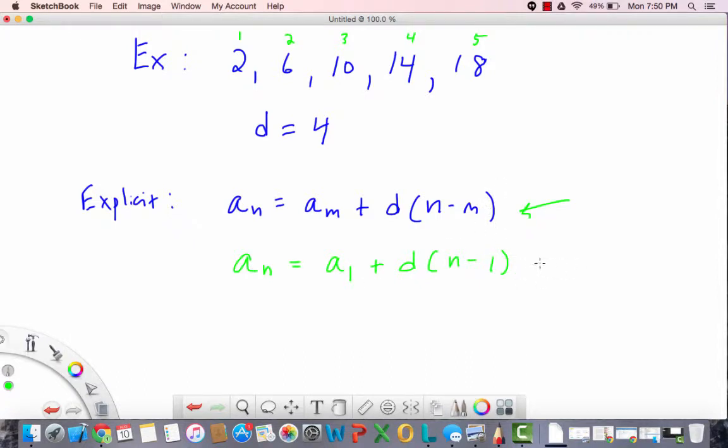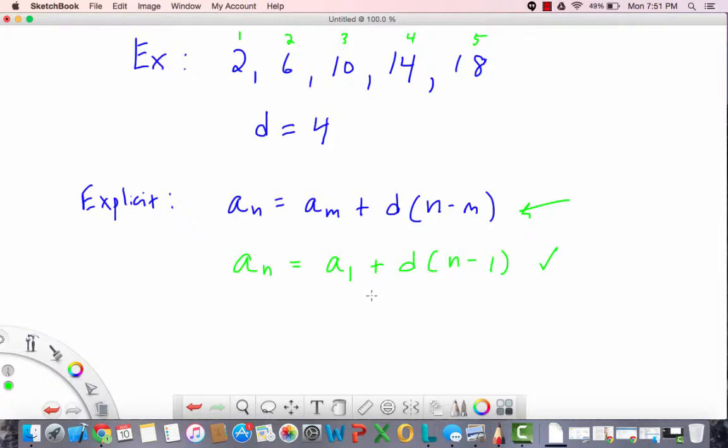Now this is a valid formula, and it can be very useful. The problem with it is that it can be very limiting. It's only useful if you know or are trying to find a sub 1. If you're trying to find or know any different value, you've got a problem. This formula will probably not suffice.